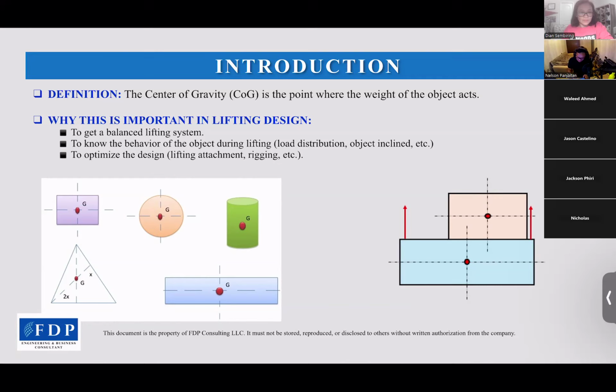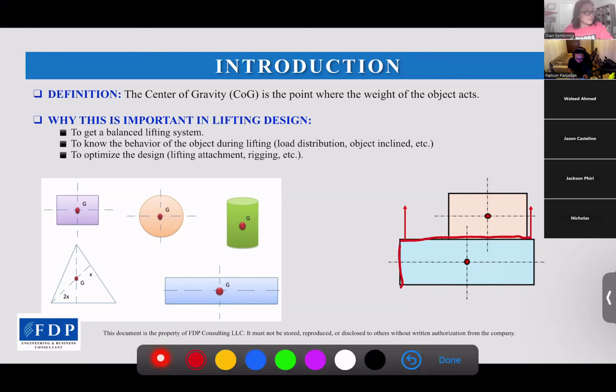For example, we have two objects here, and each object has its own COG, right? Now we want to lift these two objects together. Then where is the combined COG? That's our basis to design the lifting arrangement.